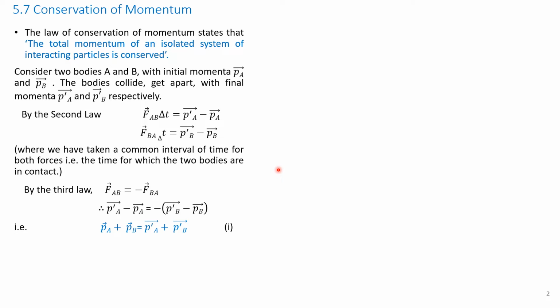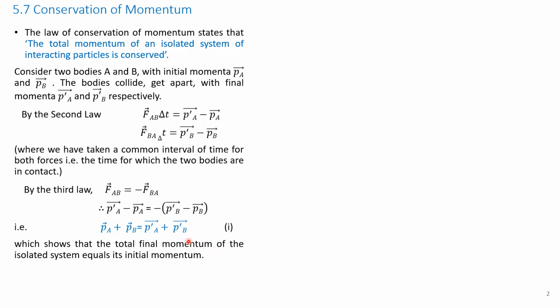That is, rearranging, we get PA plus PB equals P dash A plus P dash B, which shows that the total final momentum of an isolated system equals its initial momentum. Please note, total final momentum equals its initial momentum.